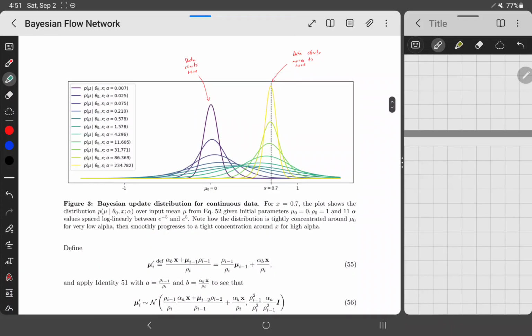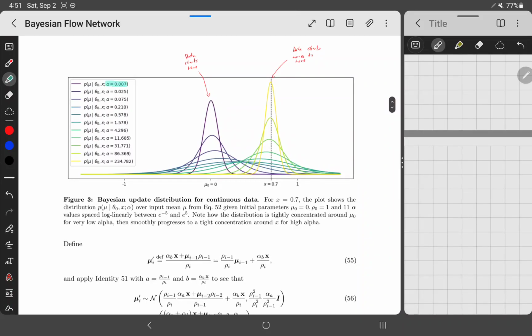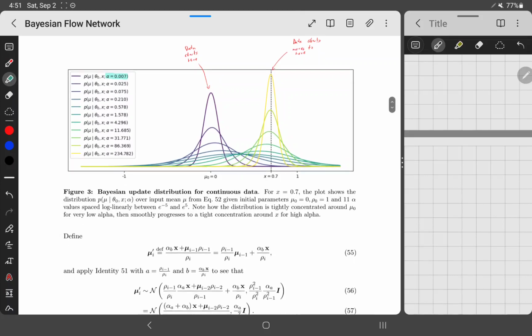Now this is also another way to show that. This starts off with very low accuracy, so very high variance, and that is this purple part here. So a very high variance here, and they have some other scheduler here, but yeah.